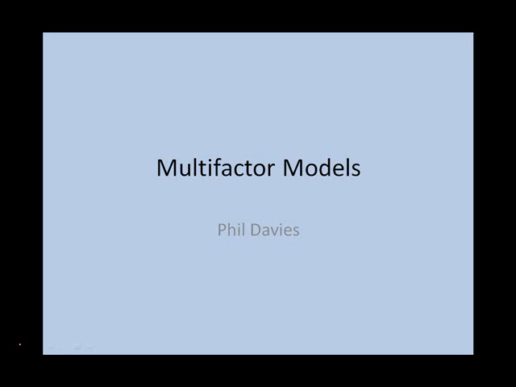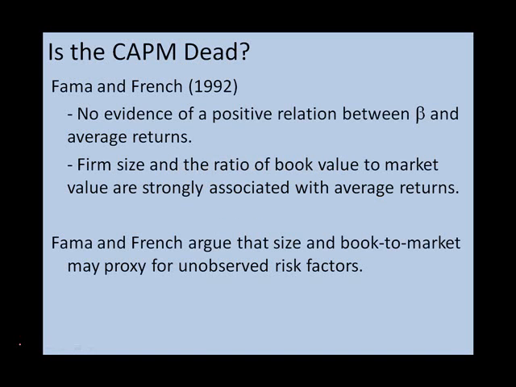CAPM. If you recall from the last lecture, Fama-French in 1992 found no evidence of a positive relation between beta and average returns. In other words, investors were not being rewarded for taking on market risk. In addition, they found that firm size and the ratio of book value to market value are strongly associated with average returns.